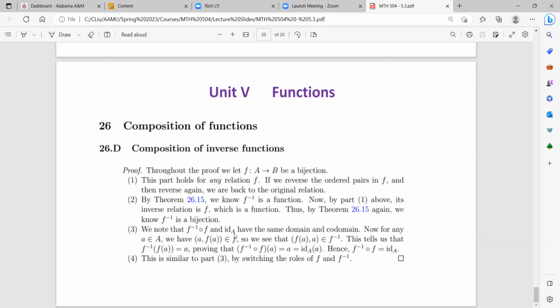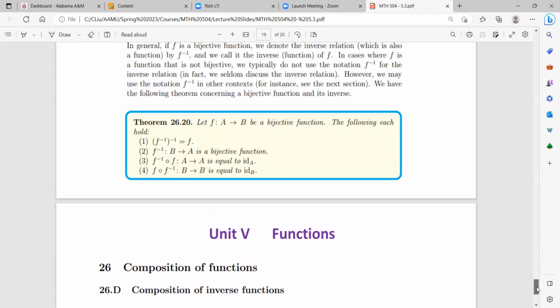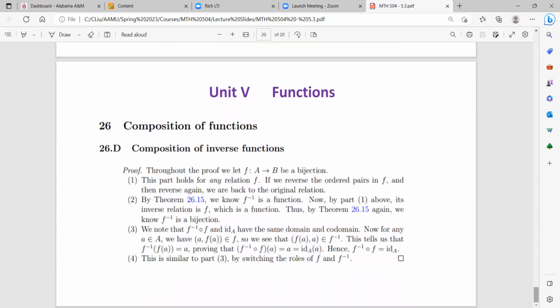In this case, the set is A. We need to show f inverse composed with f is just the identity function on set A.